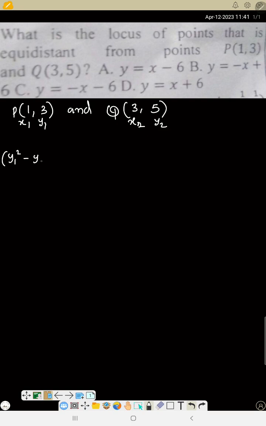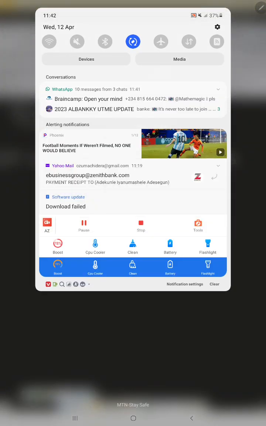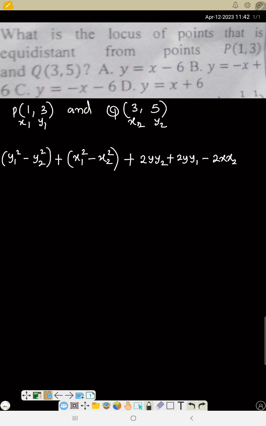y1 square minus y2 square plus x1 square minus x2 square plus 2y y2 plus 2x x2, then minus 2y y1 minus 2x x1, everything equals 0. If you look at this, it's easy to remember.